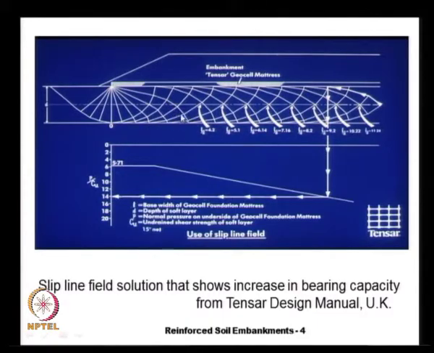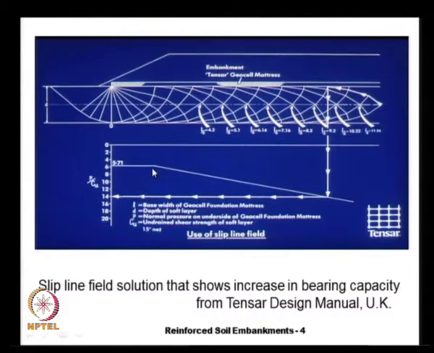Each of them is drawn at 15-degree intervals, and Terzaghi's bearing capacity theory says that our Nc factor, p by Cu, is 5.71, and because we are preventing the formation of the plastic failure surfaces because of the rotation of these slip line fields, our bearing capacity factor goes on increasing.